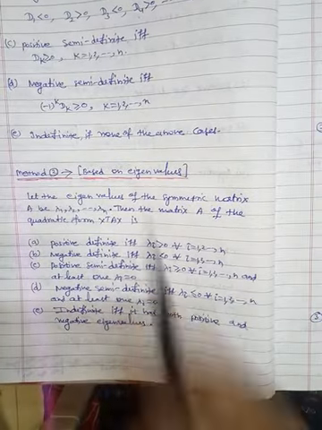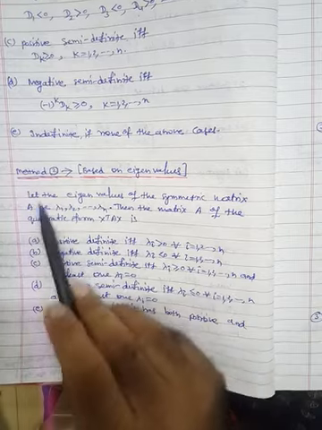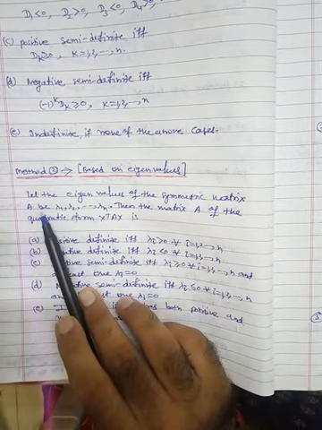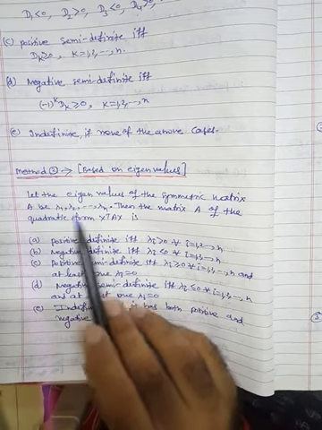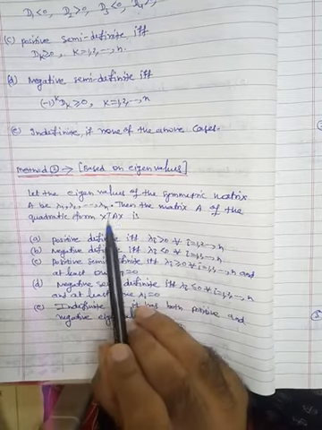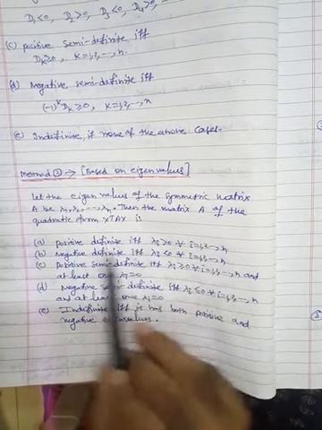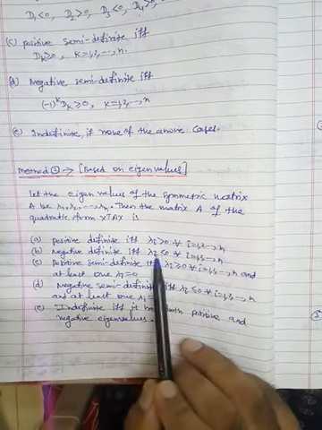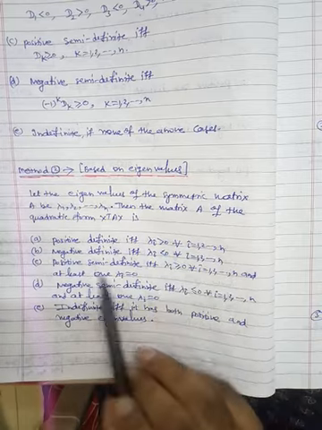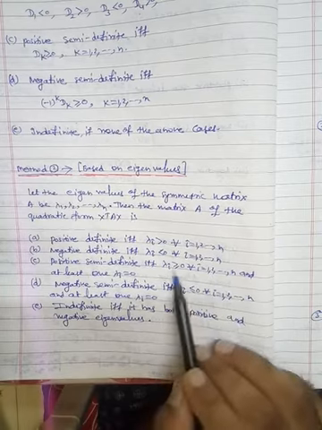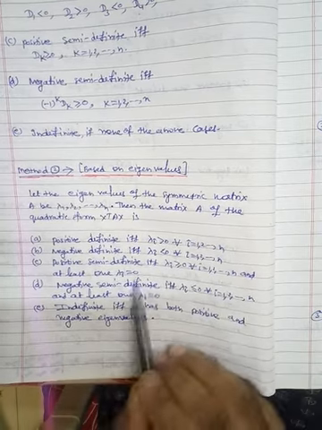Fine. So this is one method. Now the second method is based on eigenvalues. Here we have a symmetric matrix A, obviously, and suppose we find its eigenvalues, denoted by lambda 1, lambda 2, up to lambda n. Then the matrix A of the quadratic form x transpose Ax is positive definite if all the eigenvalues are positive, negative definite if all the eigenvalues are negative, and positive semi definite if all the eigenvalues are greater than or equal to 0, that means at least one eigenvalue will be 0.